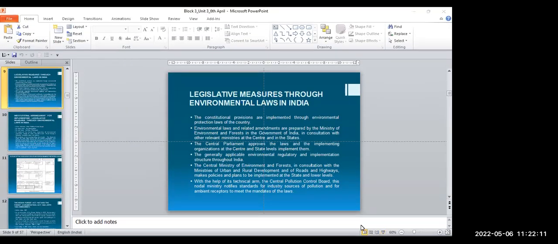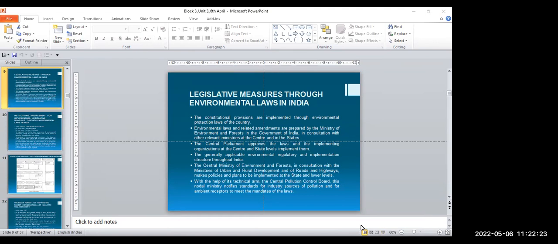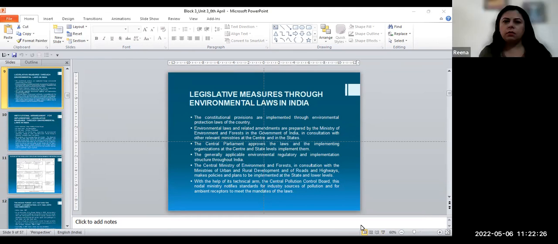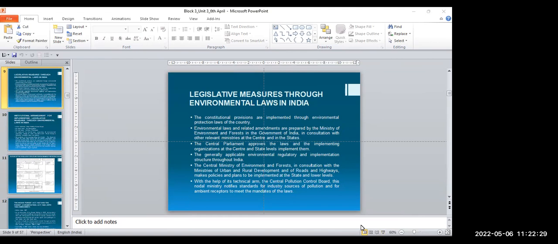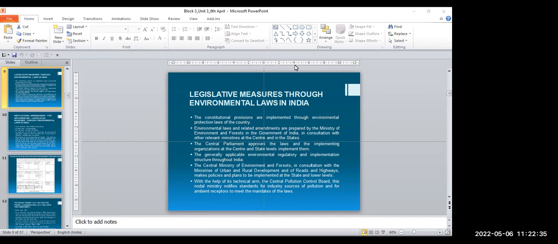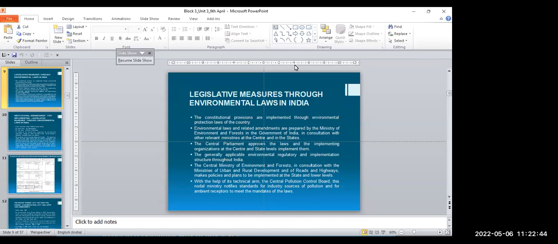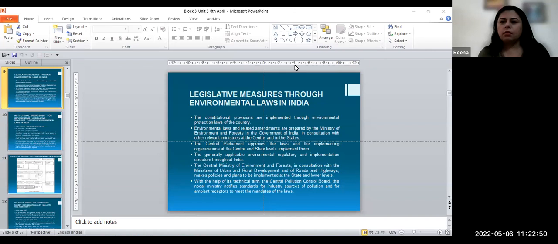Is it okay now? Again, there is a connection problem. Yes, there is a slight connection issue, and it's not showing full screen. Make it full screen. Yes, the connection gapped again. It's getting a bit slow. Please make it full screen. Resume slide show. Now it's full screen.